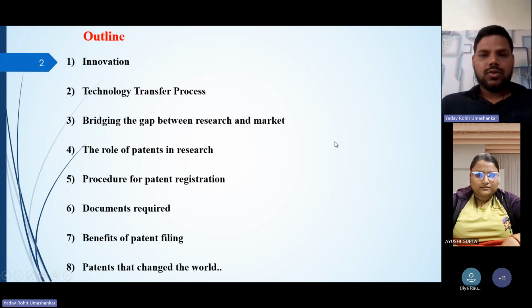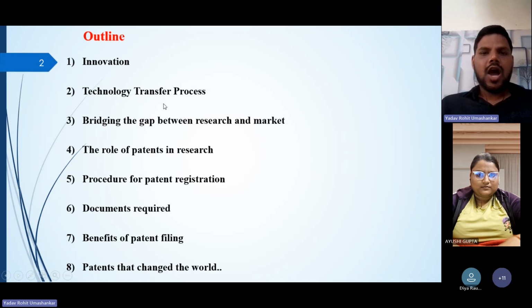Okay, so this is the outline of the talk. First we will see what innovation actually is, how it is done, and what the general processes involved are.